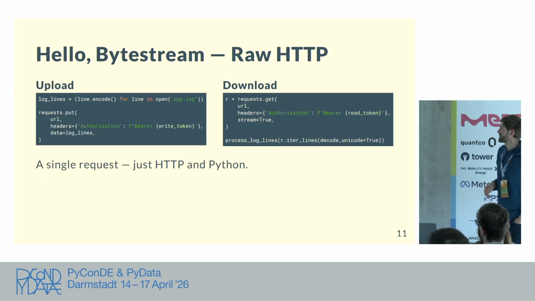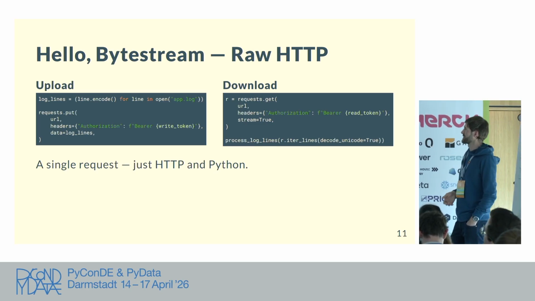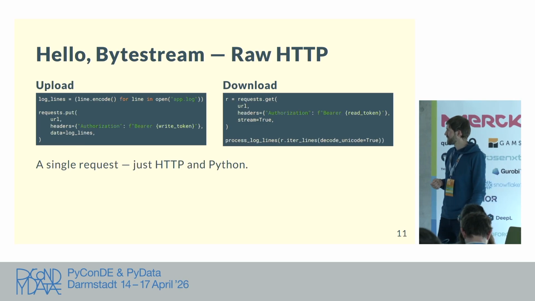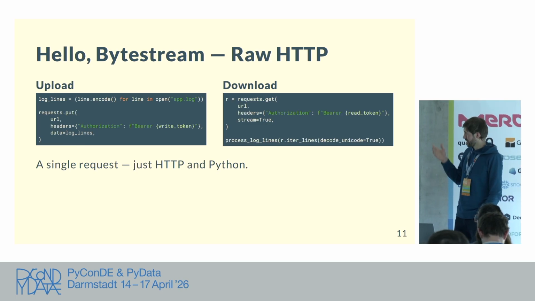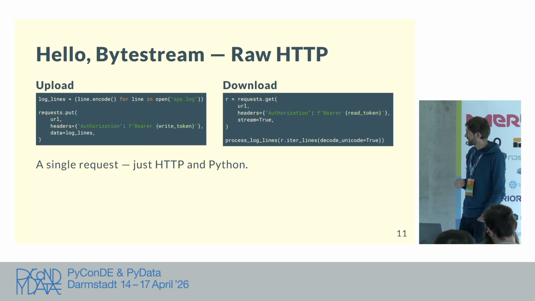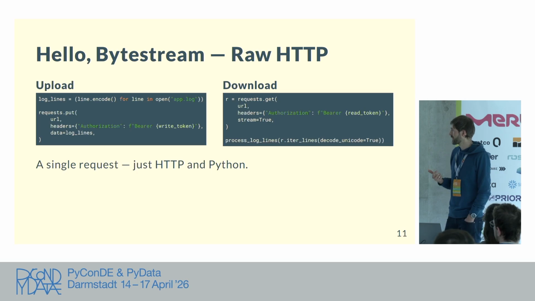Now we move into Python. This is really the standard way you do web requests in Python. When you do an upload, basically, you call requests.put, give an endpoint, and in this case it also accepts a generator, which means that you don't upload a file, but you upload a stream, an endless stream, which defaults to HTTP chunked encoding.